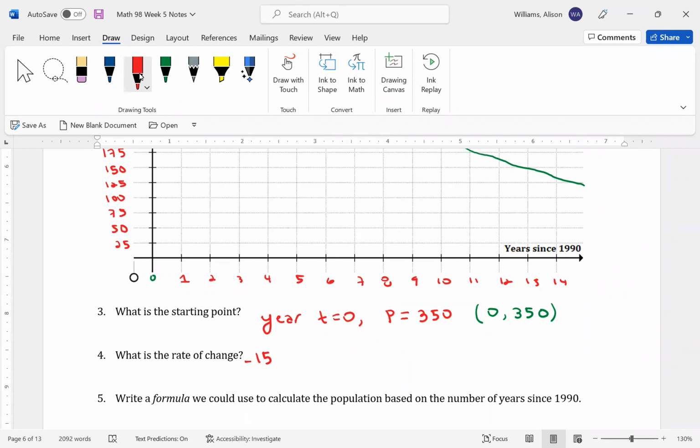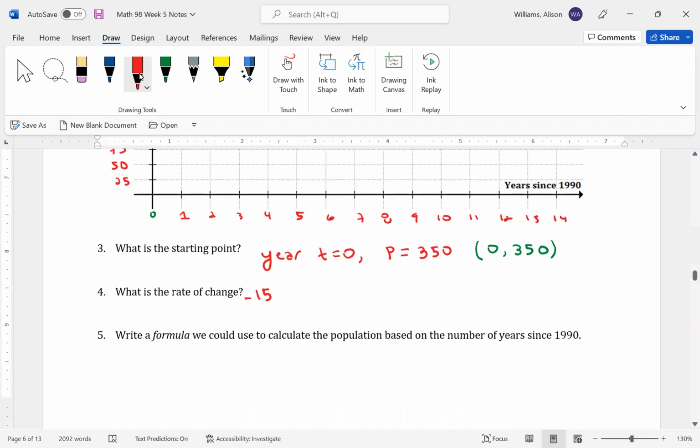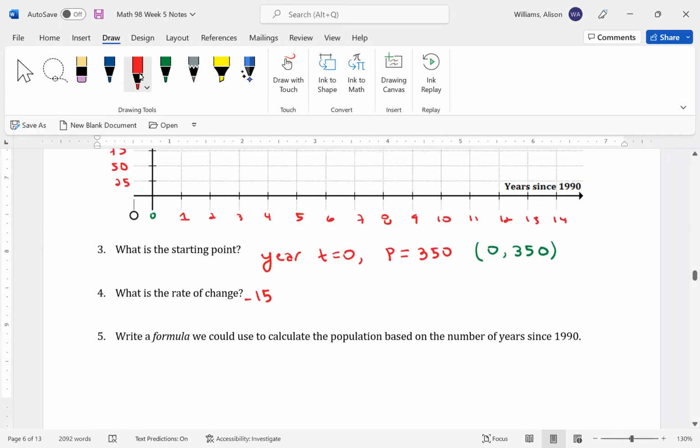So if we wanted to write a formula, since the number of years in 1990, here's how we should do it. We should start with the starting point, and the change of 15 every year can be indicated by doing 15 times t. So in year 0, let's check this formula.